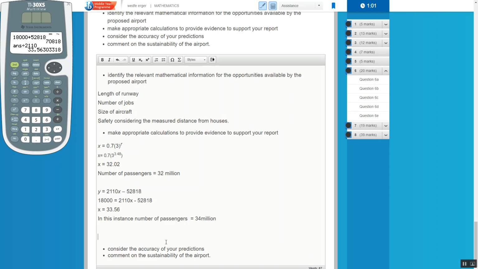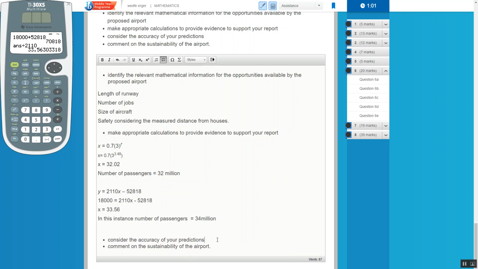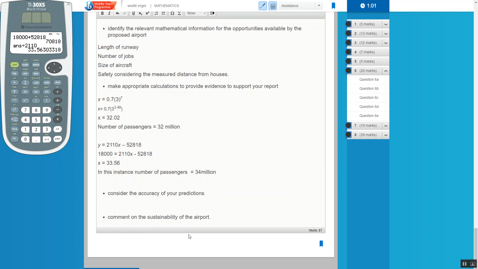So it's slightly different. Okay, consider the accuracy of your predictions. It's important that you use the information that they give you, and work back and find the number of passengers. Consider the accuracy of your predictions.